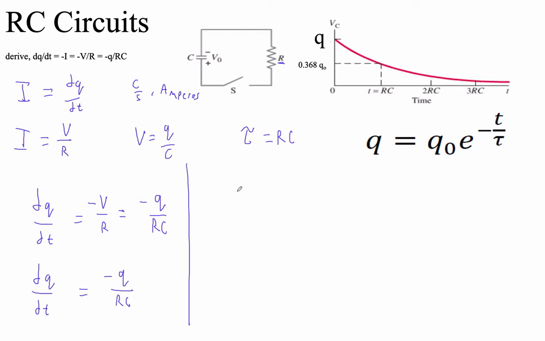Now, what we do is we guess that the charge on the capacitor is some initial constant times e to the minus time divided by RC, which is our time constant. Now, if we take the derivative of this, chain rule, right, the derivative of the inner function is negative 1 over RC, times this outer function.